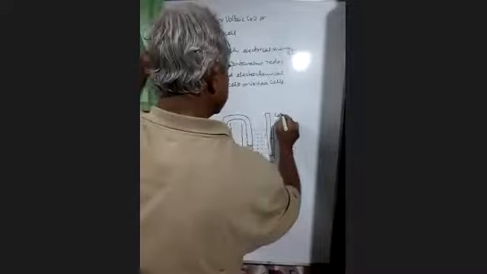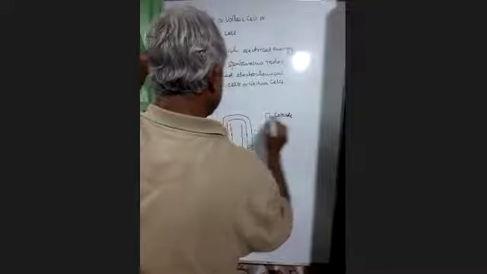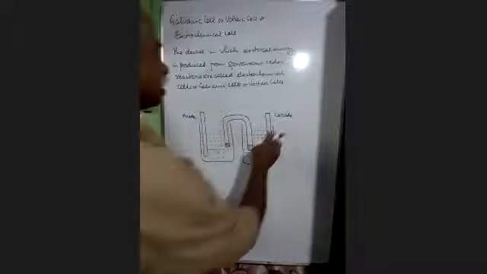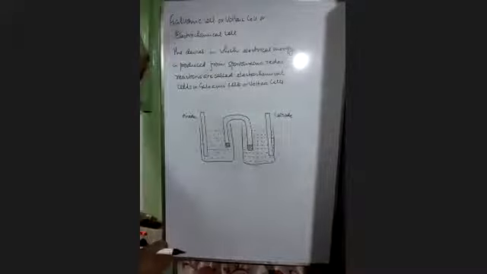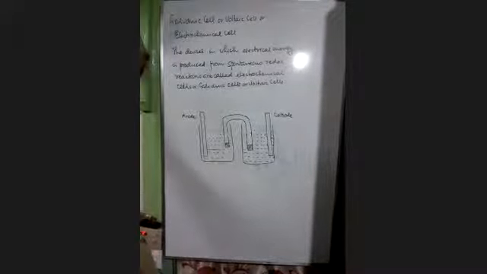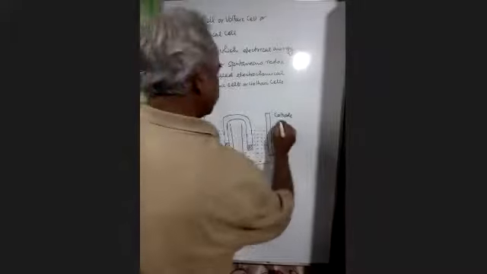Okay, so by convention it is cathode. And here it is anode. But very interestingly, here the cathode is not a negative electrode, it is a positive electrode.